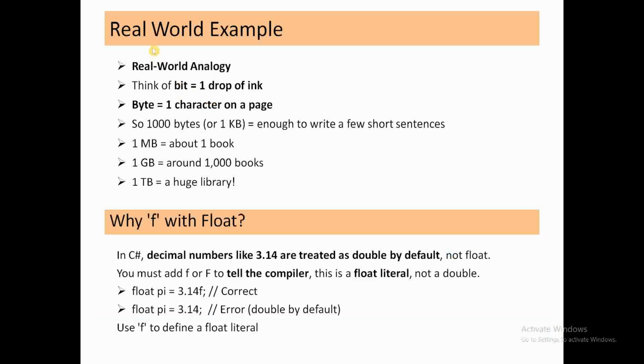Next we have some real world examples. Suppose 1 bit is equal to 1 drop of ink, and 1 byte, which is equal to 8 bits, is enough to write one character on a page. 1000 bytes is equal to 1 KB, and it is enough to write some short sentences. 1 MB is equal to 1 book, and 1 GB is around 1000 books, and 1 TB is like a huge library.